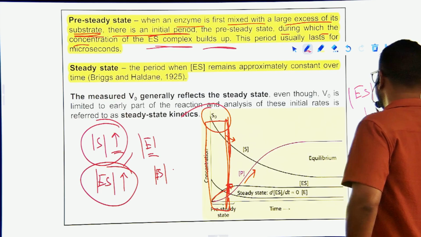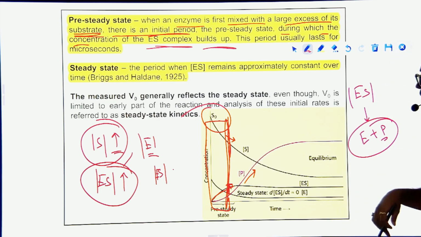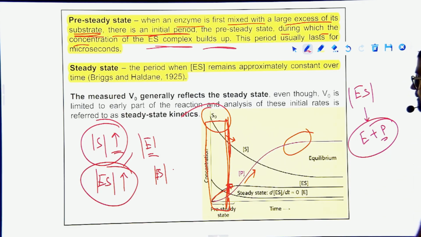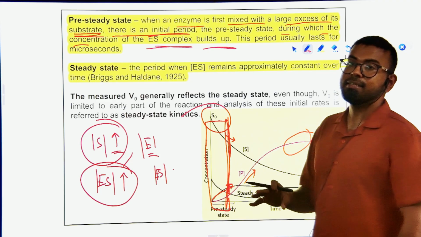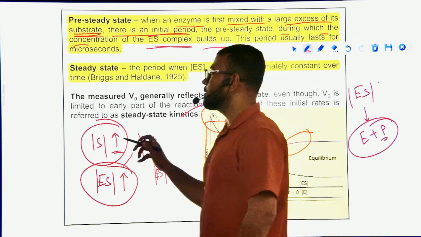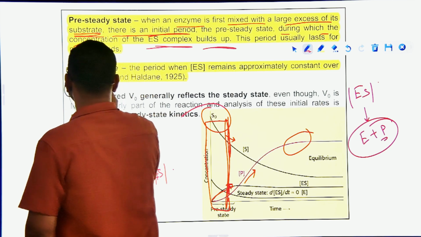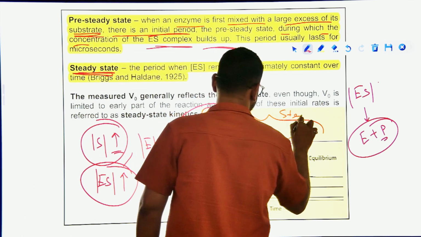So ES, then what does it form? E plus P. So product concentration is getting increased and ES concentration is being maintained at a steady state. This is called steady state kinetics. This is pre-steady state and this is called steady state kinetics.